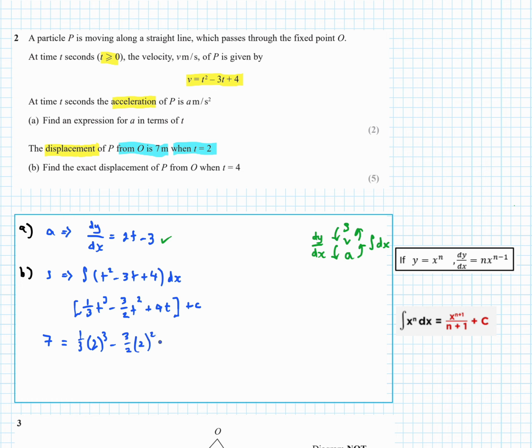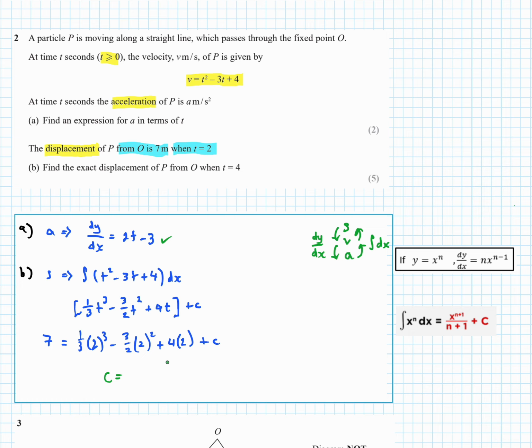Because our displacement is in fact 7. So get your calculator out and do that, and you'll find the value of c. There's not much to do next after this. c is equal to 7 over 3.